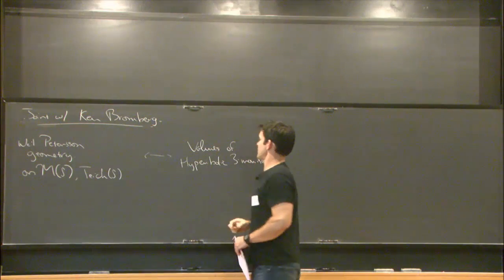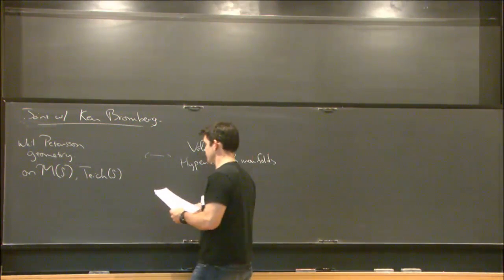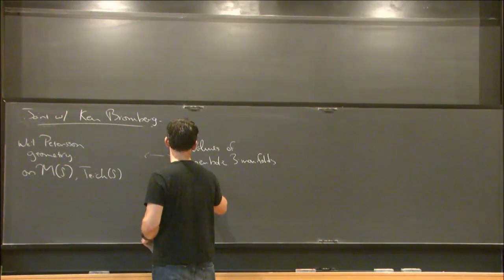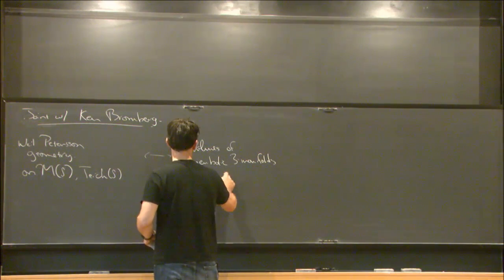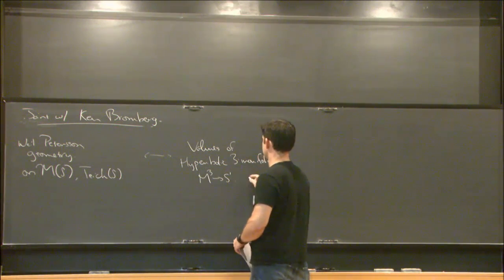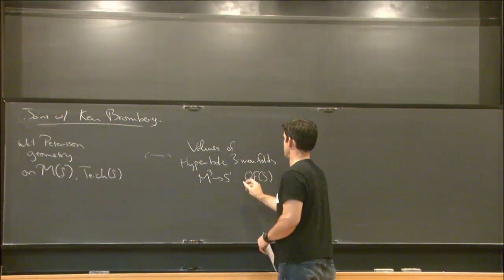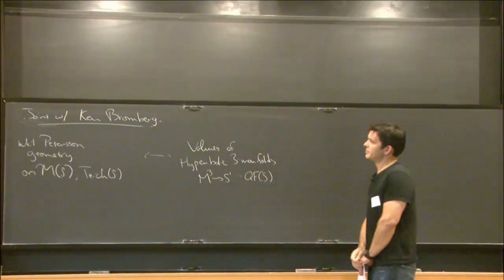In particular, those that have some relationship to the surface S. So key cases here are three manifolds that fiber over the circle with fiber S, or quasi-Fuchsian three manifolds. And there's an intimate relationship here too.